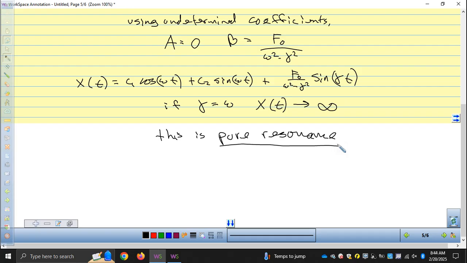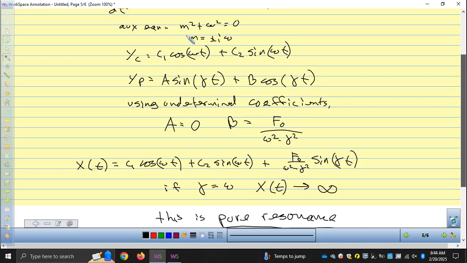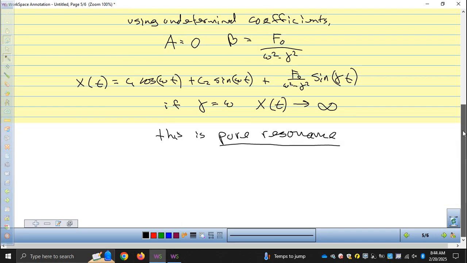So a resonant frequency is the frequency that gives us an output that gets very large in time. In this case, our resonant frequency would be omega. When we drive the system at its natural frequency that we get from the solution here, the amplitude continues to increase over time.